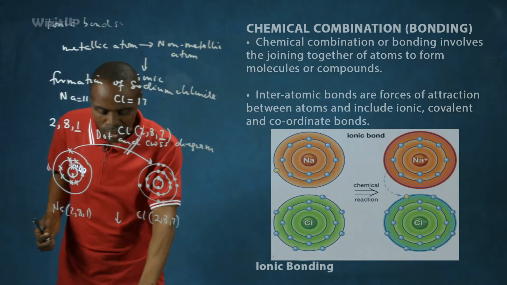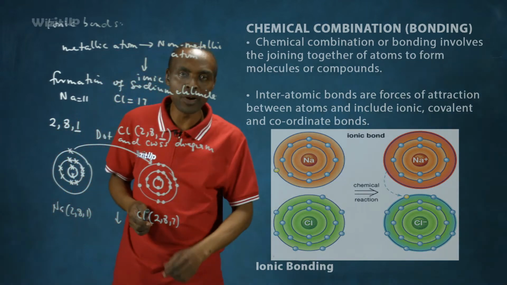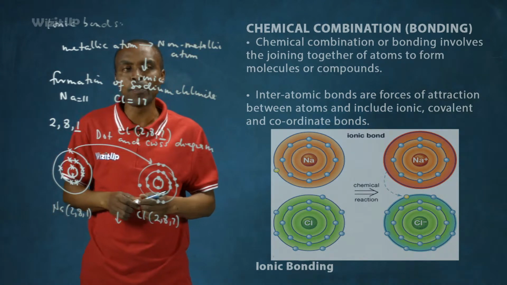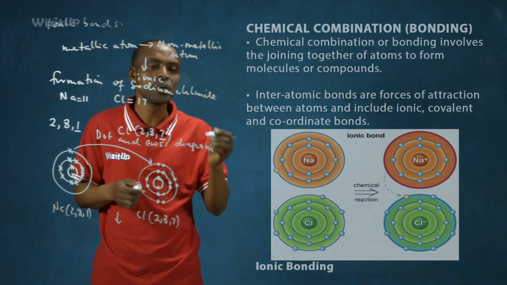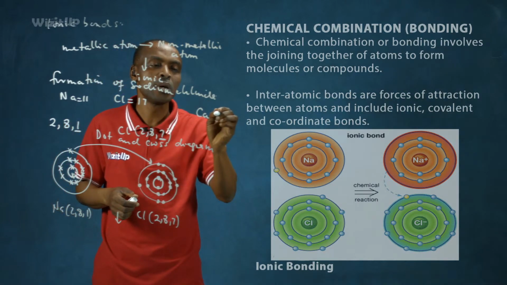Now, the next takes us to the properties of ionic compounds. But before then, other compounds that are formed by ionic bonding include calcium and oxygen.